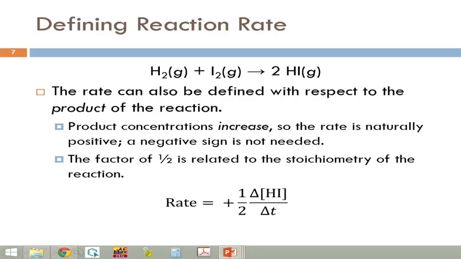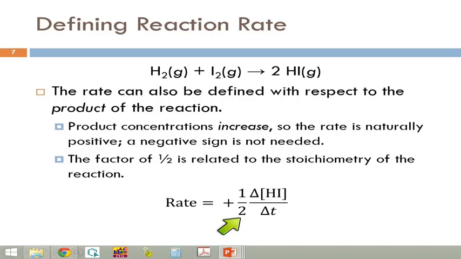We can also look at the concentration of a product. So the product concentration is going up. So when we look at the change in HI concentration, the final concentration is going to be larger than the initial. So the change in it is going to be a positive number. And so that's why this one is going to be plus.